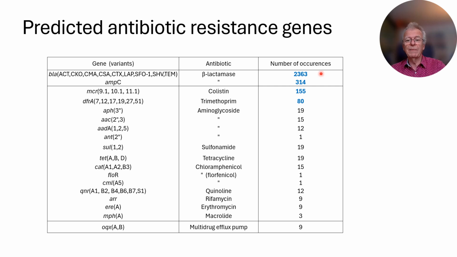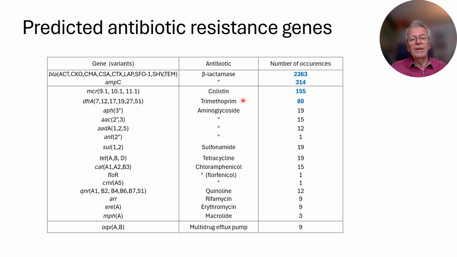So your beta-lactamases were the most numerous antibiotic resistance genes found by far. Far less than that were colistin-linked resistance genes, 155. 3 varieties of mcr. The most numerous was the variant mcr-9.1.